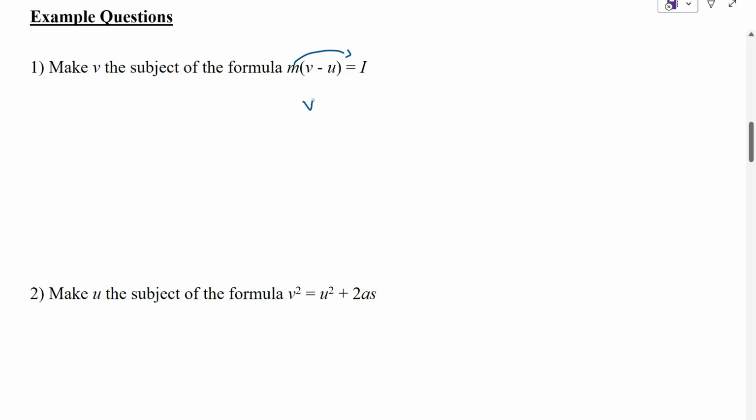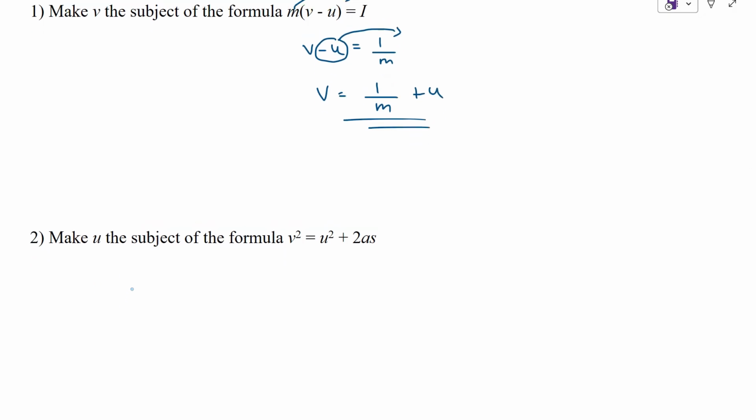It will leave us with v minus u equals I over m. Now we want v on its own, not v minus u, so we need to take this over to the other side, which will leave us with v equals I over m plus u.